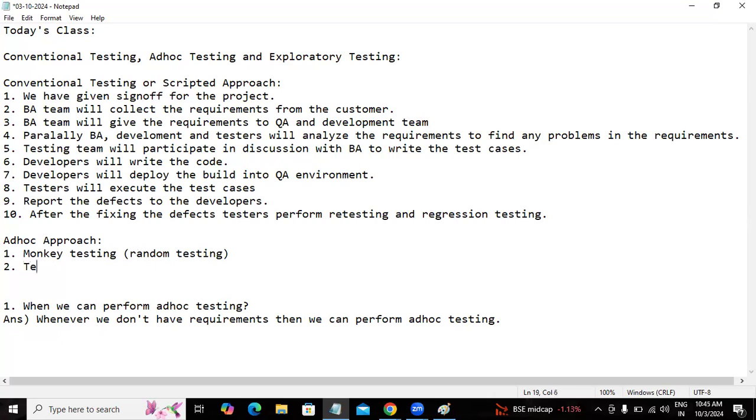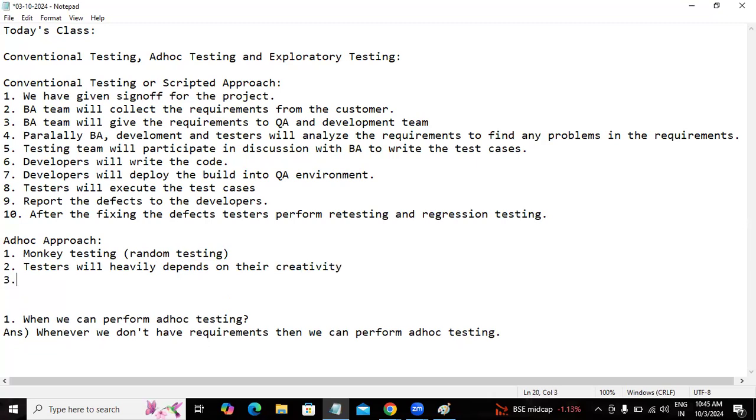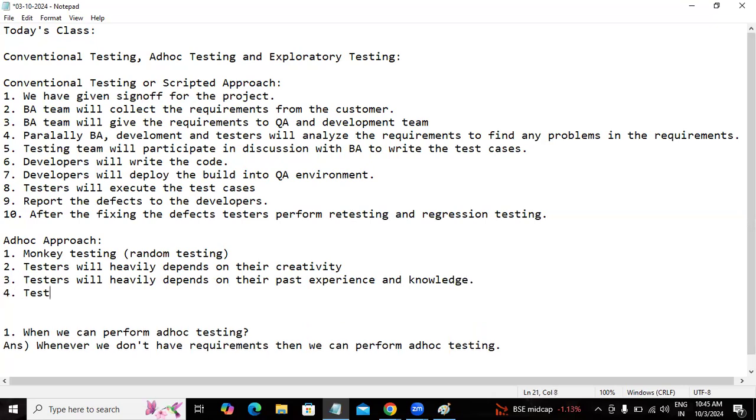Testers will heavily depend on their creativity, their past experience and knowledge, and their memory of past events.